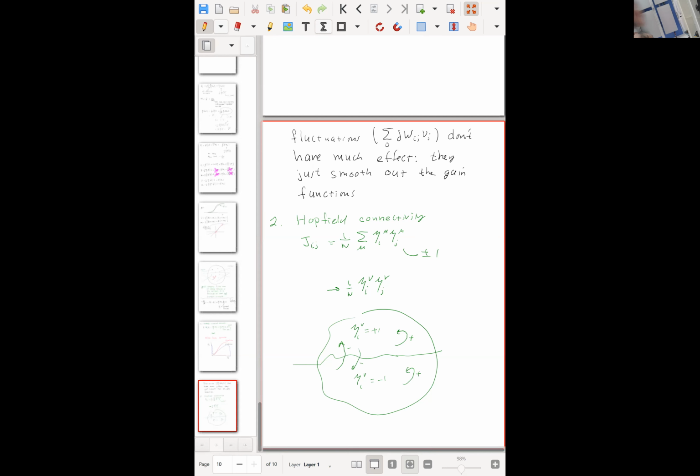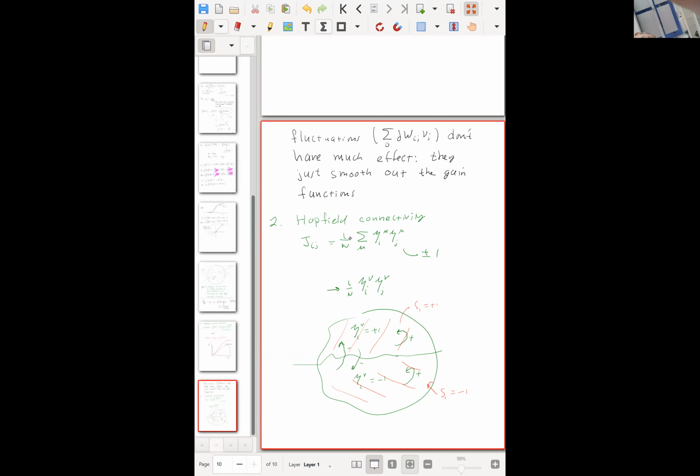And what that did is allow these neurons, all these neurons have S I equals plus one, and all these neurons have S I equals minus one.